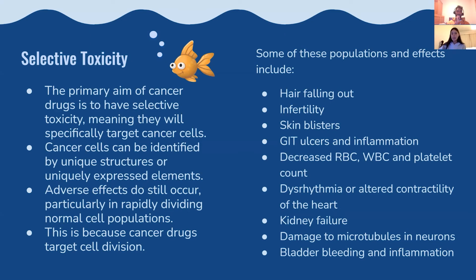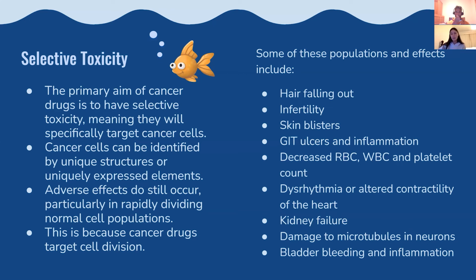This is because cancer drugs specifically target cell division. I'm not sure if you've done much biochem around cancer yet, but one of the key things about cancer cells is that they rapidly divide. So cancer drugs are made to specifically target this rapid division, but this also has side effects, which include your hair falling out, because the cells that produce hair have a rapid turnover.